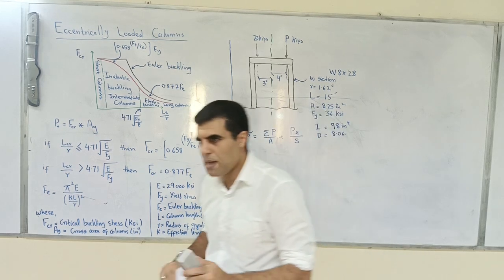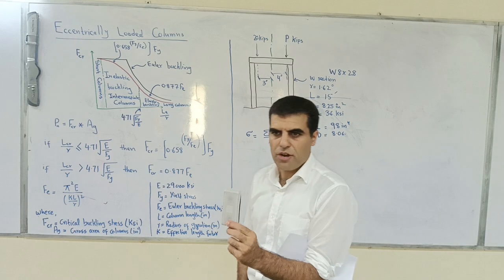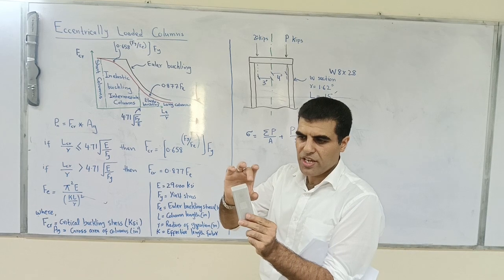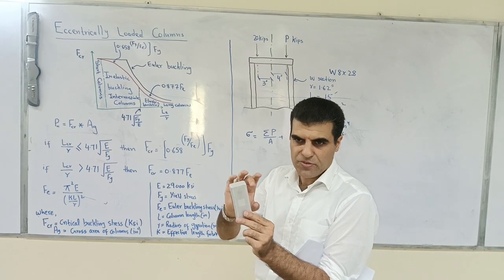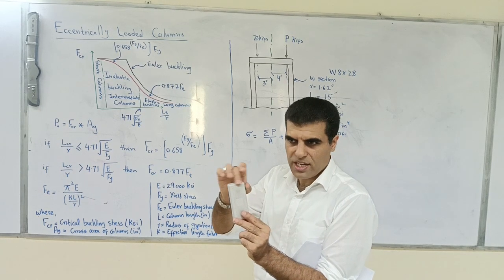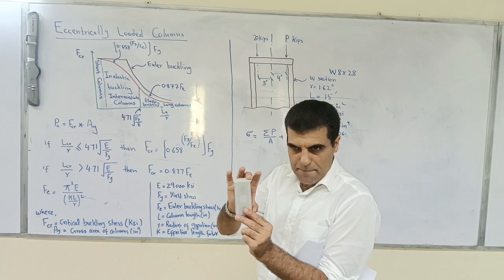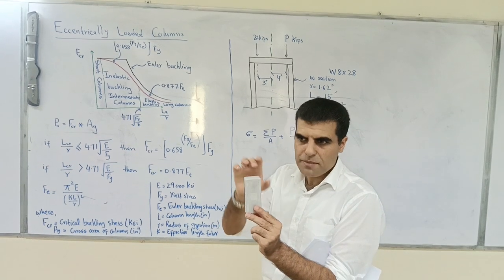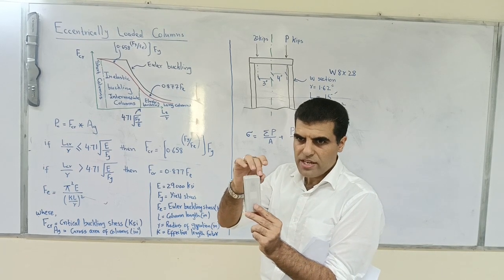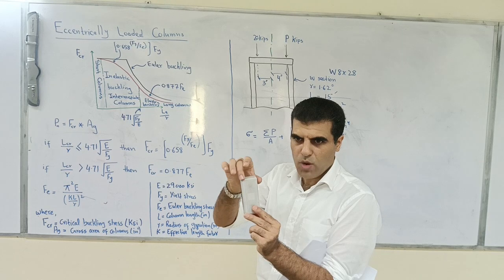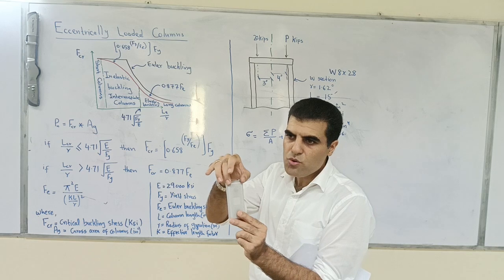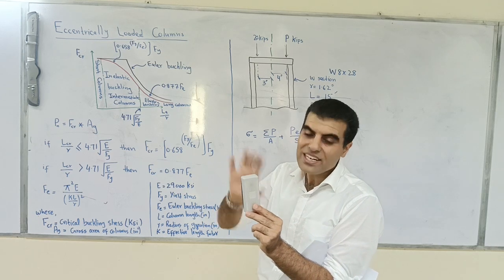Okay, so look at this member. Look at the cross section of this member. This member has got a significant cross section. The length of this member is almost 2 times the biggest dimension of the area. If you add that dimension twice, then you might get the length of this member.